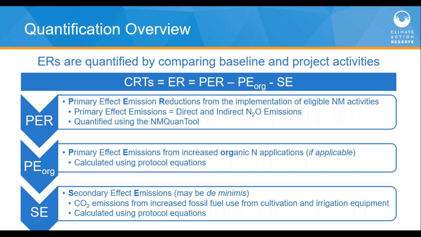However, there's a lot of flexibility here where qualitatively or quantitatively project developers can show that these emissions are determined to be de minimis, in which case they would not need to be accounted for here. So we anticipate most likely the emission reductions will be chiefly calculated using the NM Quant tool.